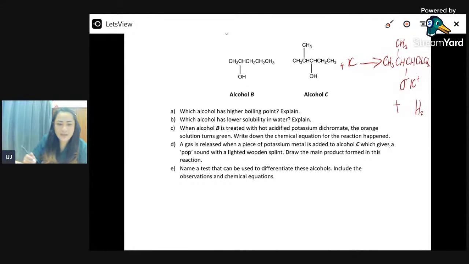Okay, so name a test that can be used to differentiate these alcohols, including the observation and chemical equation.